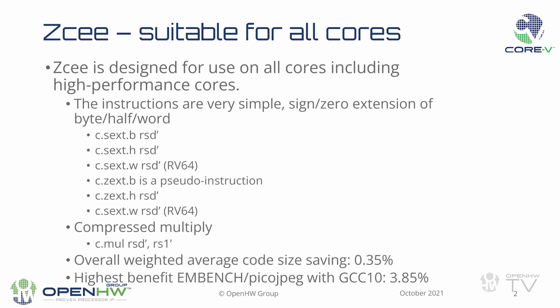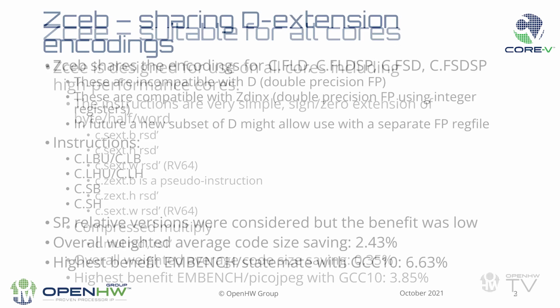Overall, we find that the weighted average code size saving is about 0.35% for all of the instructions. And the highest benefit was PicoJPEG from MPEG, compiled with GCC 10, which achieved a 3.85% reduction in code size.